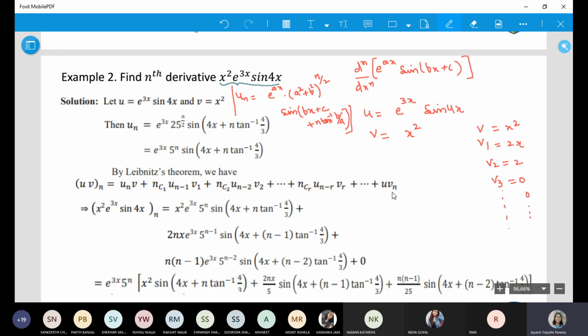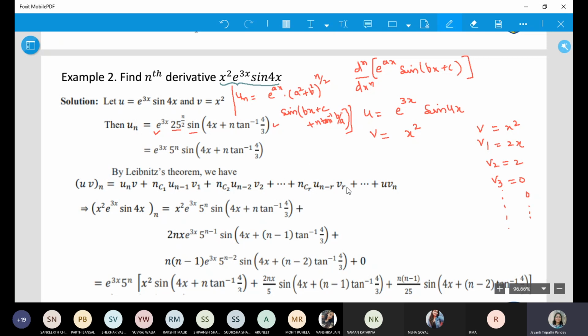Yes or no? Yes, ma'am. You can check your notes. So now we are applying this formula to write the value of un. Un is e to the power 3x. A square plus b square is 4 square plus 3 square, that is 25. 25 to the power n by 2, sine bx. There is no c, so that part will go. n tan inverse 4 by 3. Is this okay or not?